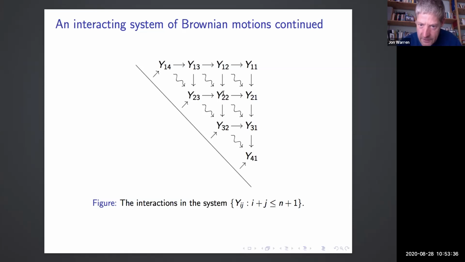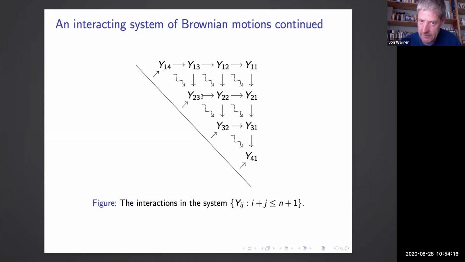Now, the next row down, things are a bit more complicated. Y23 is pushed away from 0 again. It sees a wall at 0 and it's pushed away from that, which keeps it non-negative. It's also pushed down by Y13, so it has to always be between 0 and whatever Y13 is at time t, okay? Everything's evolving in time. Similarly, if I pick Y22, that is somewhere between the value of Y23, which lies below it, and Y12, which lies above it.